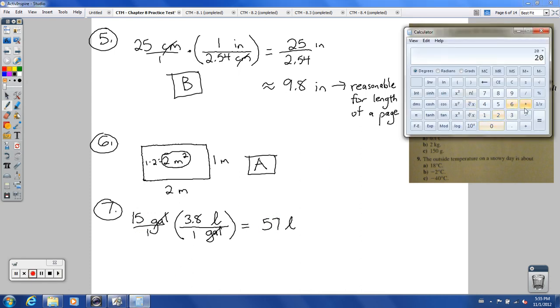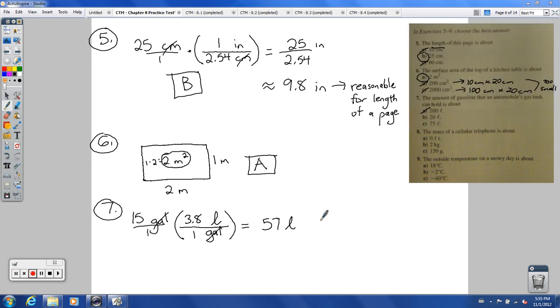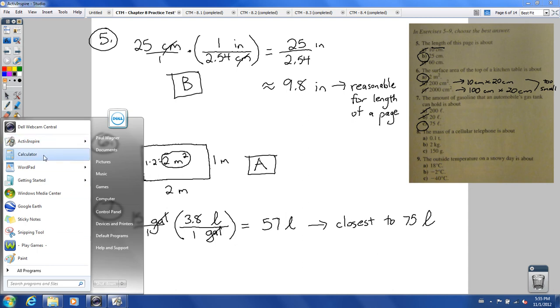Just out of curiosity, 20 times 3.8 would be 76. So now we're talking more in the range. This would be closest to 75 liters. If you said 20 liters instead, I don't think that's a good answer, because you could take, oops, I closed my calculator.